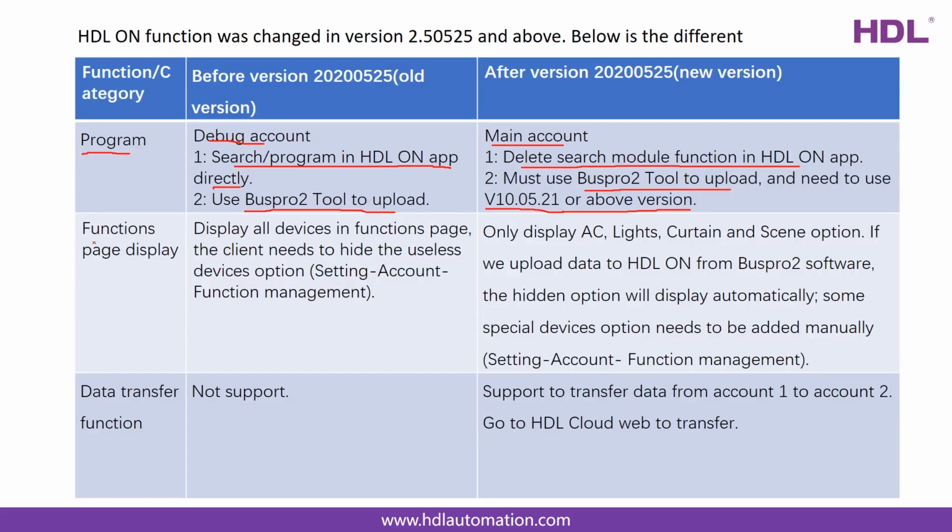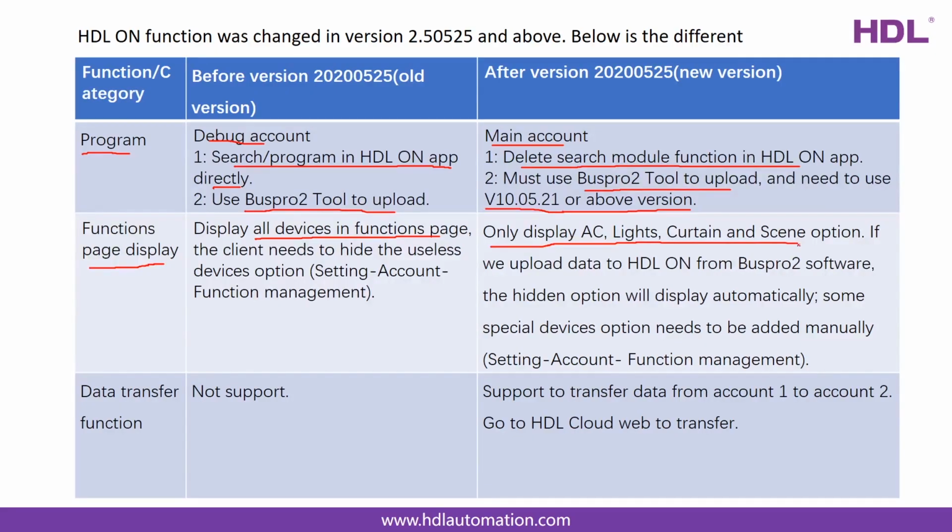And about the functions page in the app, the old app displays all devices in the functions page, and the client needs to hide the useless device options. But the new app only displays AC, lighting, curtain, and scene.